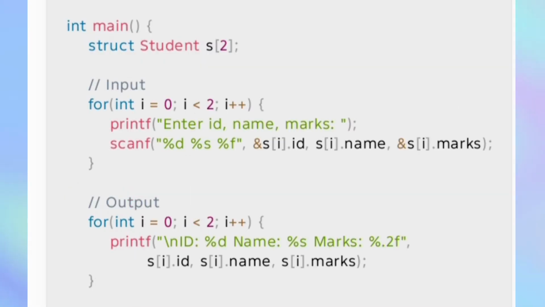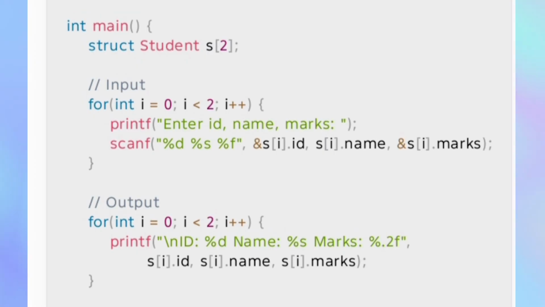Int main, struct student s of 2, for int i equal to 0, i less than 2, i plus plus, printf enter the id name marks, scanf percentage d, percentage s, percentage f, double quotes, ampersand of s of i id, s of i name, ampersand of s of i marks, close the bracket.